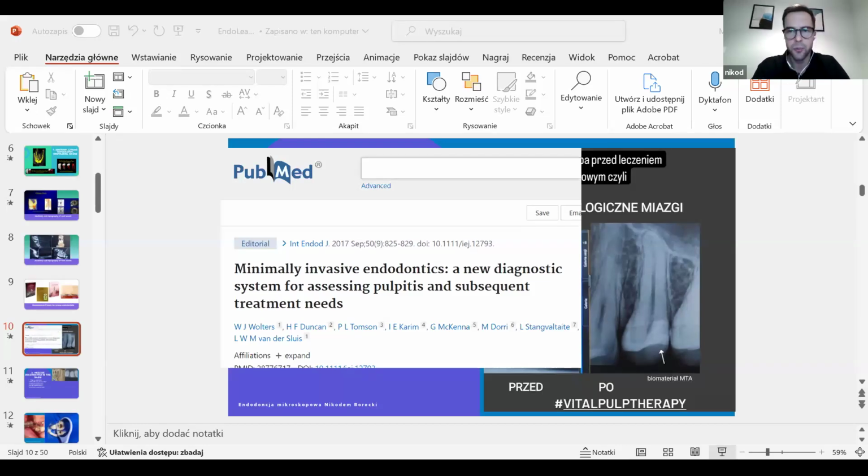Of course, like you said, we can diagnose pulpitis. And this is an example of my patient. The patient was referred to me for root canal, but I do a very precise diagnostic. I asked him many questions. What's the pain?